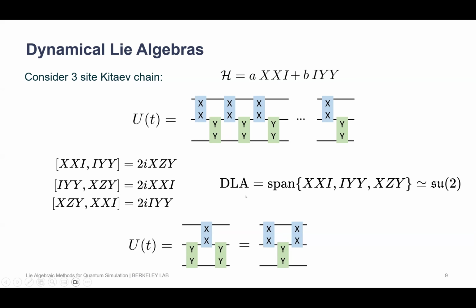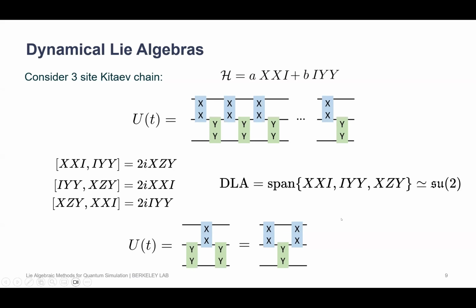And then you can basically write any time evolution with any simulation time for this model by just using a YY XX YY gate or XX YY XX gate. You can prove all of these things because this is SU(2) and this is basically Euler-angle decomposition. So this is the idea behind DLA. We're just trying to figure out if the DLA is small, maybe we'll be able to compress it down.